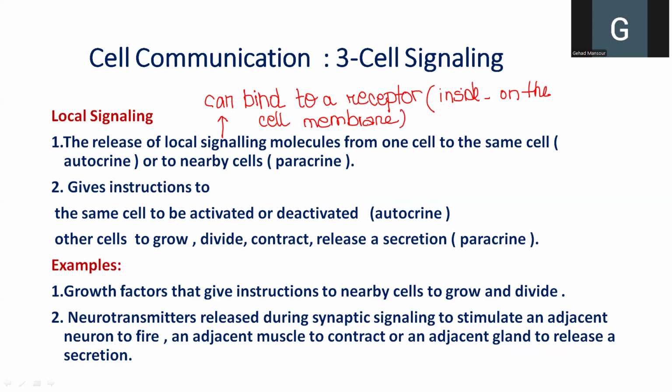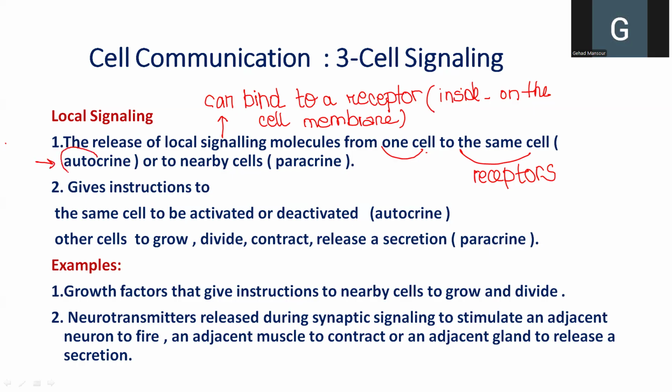This signaling molecule will arise from one cell and will stimulate or inhibit the same cell. This means that the signaling molecule will bind to receptors that are present on the same cell. In such a case, this local signaling will be known as autocrine signaling.